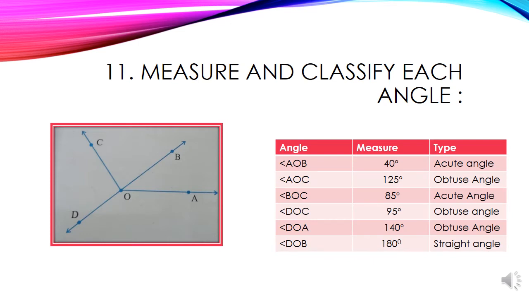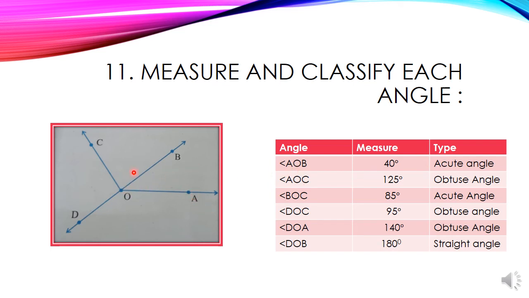Question number 11. Measure and classify each angle. In the figure we have many angles and these angles we have to measure using the protractor and write the measurement. Okay children. First one is angle AOB.